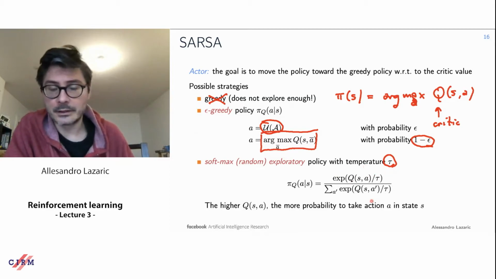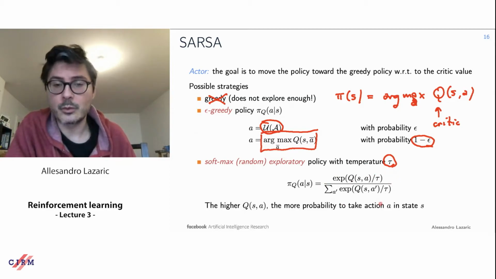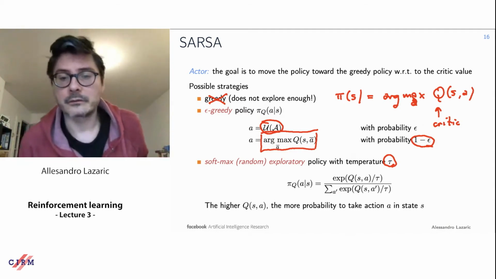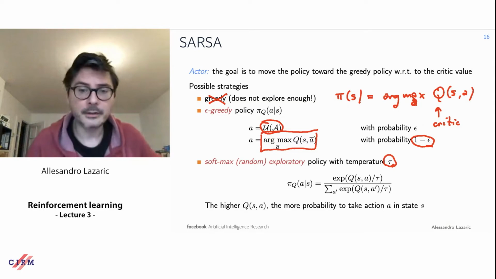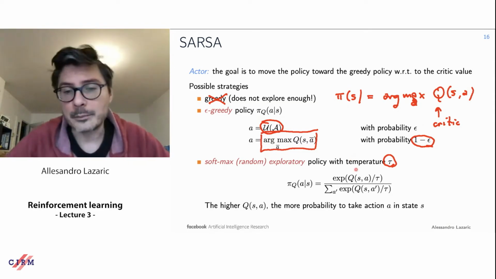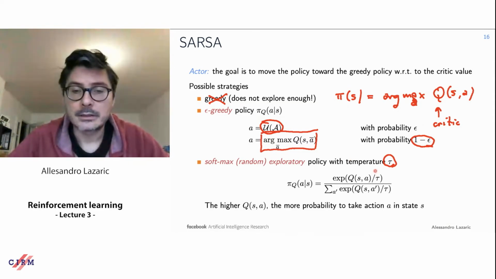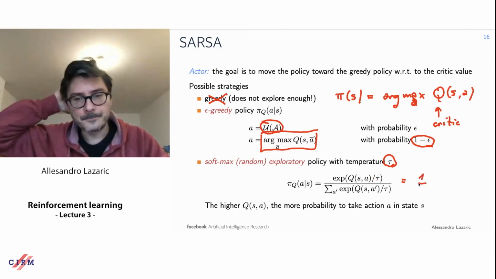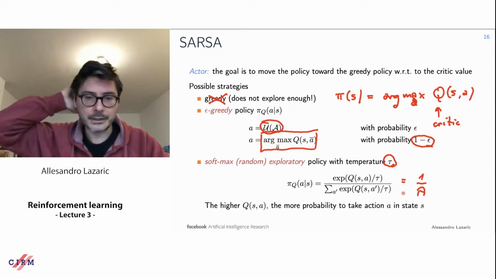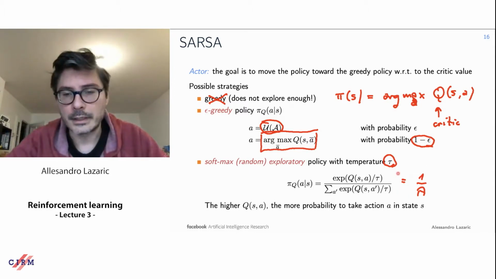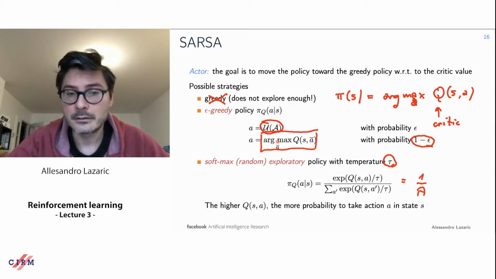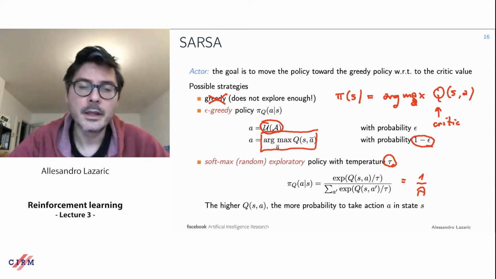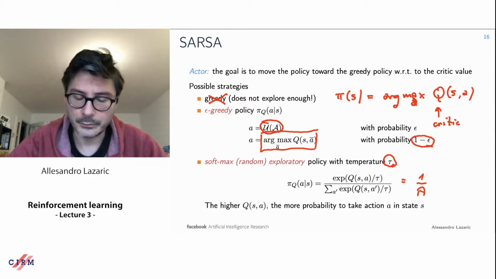This clearly is a well-defined probability distribution, because if I sum over actions, it sums up to 1. And tau is a temperature, because if I let tau tend to infinity, then this will be just a uniform. And as tau tends to 0, this will tend to converge towards the greedy, giving a much larger probability to the action with large Q values.